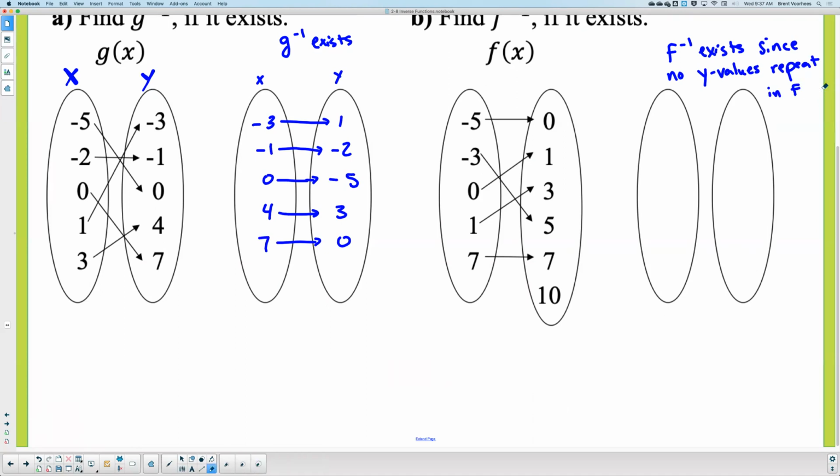All right, I'll just do an f. Since no y values repeat in f, they're going to say f of -1 exists. But since 10 does not have an x value associated, they would say it's not an onto function. Not an onto function.